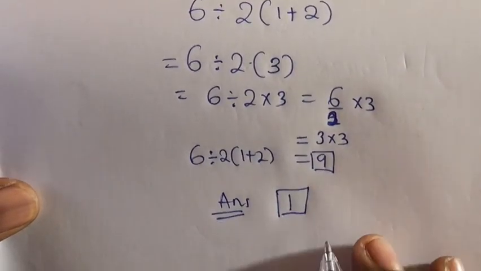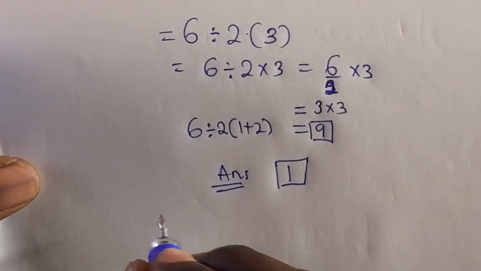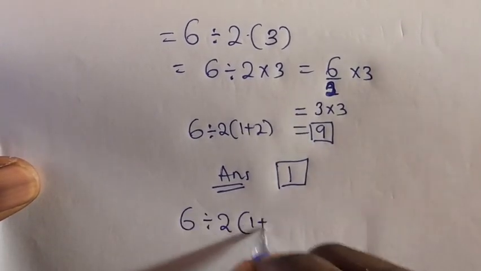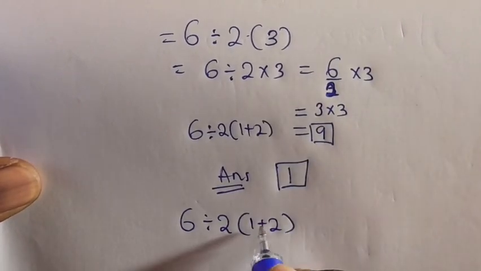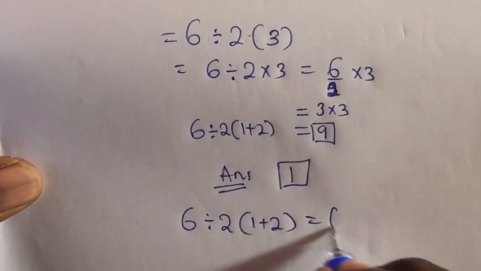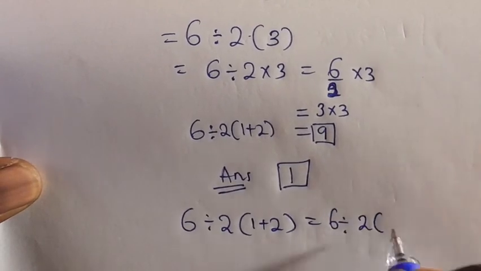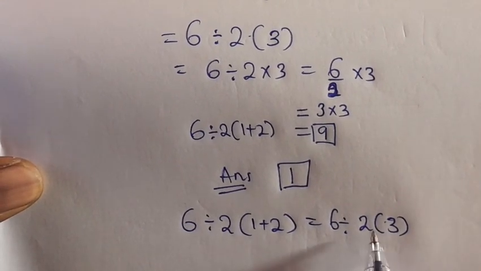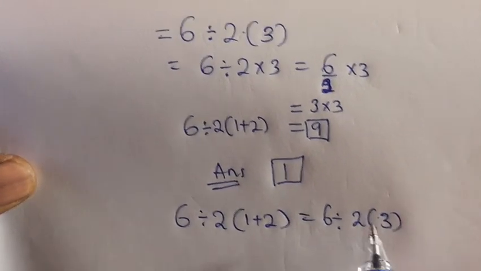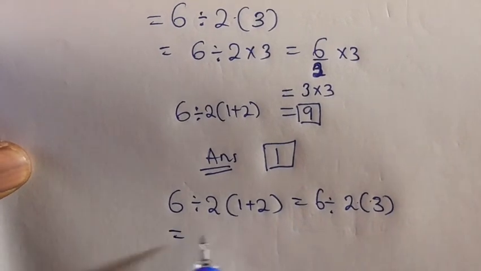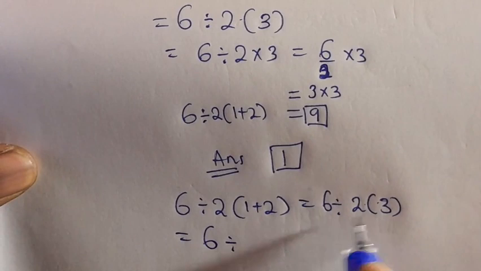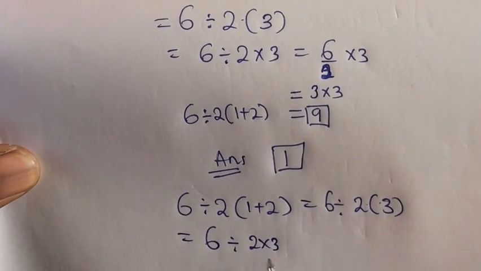And I think this is how they solve it when you have 6 divided by 2 into 1 plus 2. When you start with this, we have it to be 6 divided by 2 into 3. In the case of you open the parentheses, then we are going to have this to be 6 divided by 2 times 3, and 2 times 3, then you have multiplication.